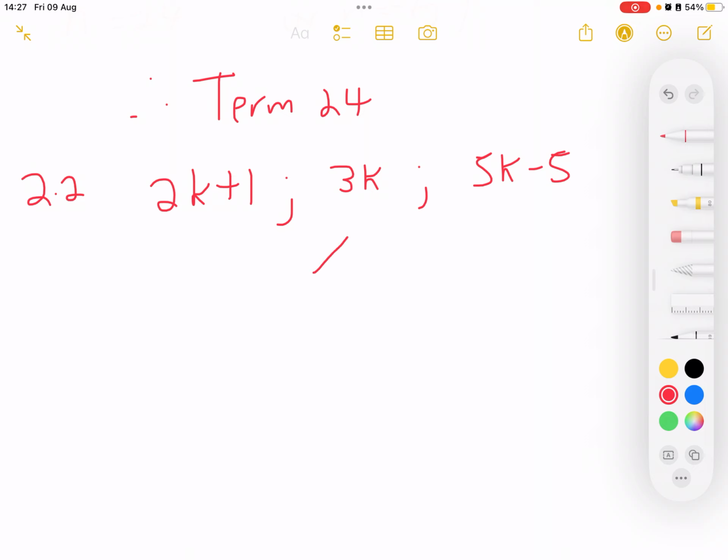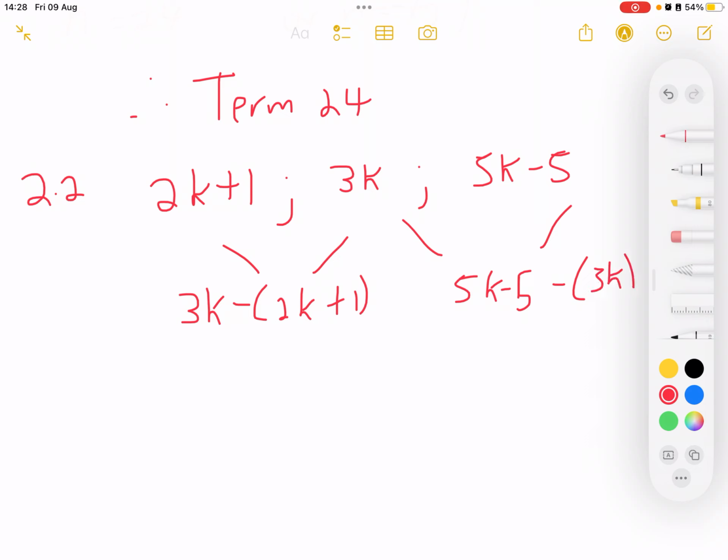So this is just 3k minus (2k plus 1), and also this is 5k minus 5 minus 3k. So you'll notice that I put brackets in because we're subtracting the whole term here with t2.